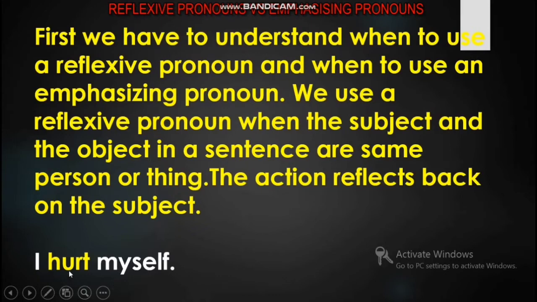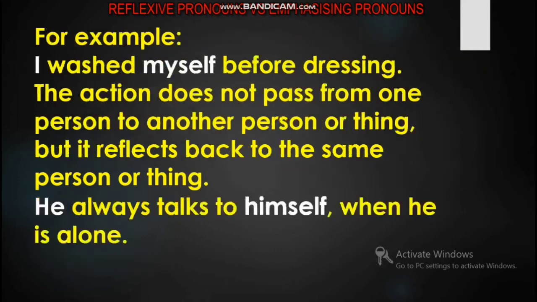I is the subject, hurt is the verb, and myself is a reflexive pronoun. It is the object. So you can see the object and the subject of this verb are the same, and this action is reflecting back onto the subject. So in such a case, such pronouns will be reflexive pronouns and they are not identified as emphasizing pronouns.